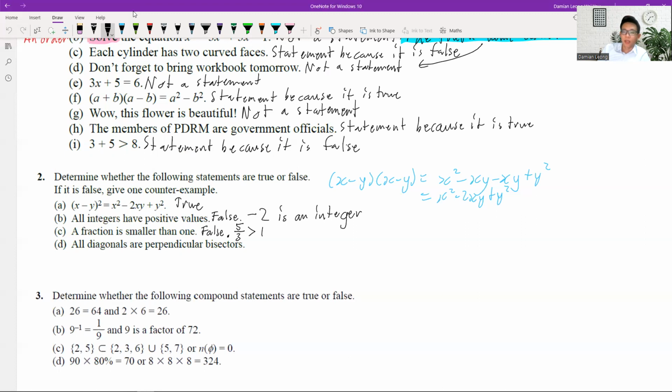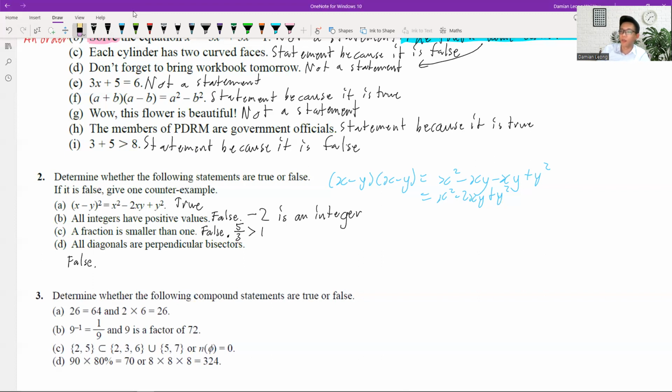All diagonals are perpendicular bisectors. All diagonals are perpendicular bisectors, also false. Diagonals means from corner to corner. So for a square, diagonals are perpendicular bisectors.